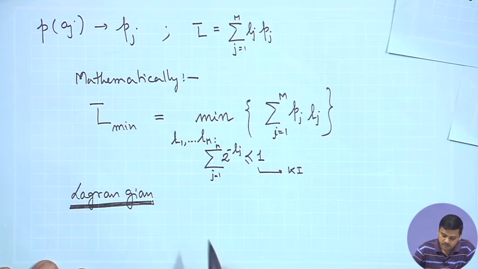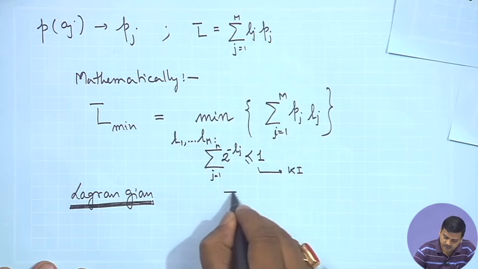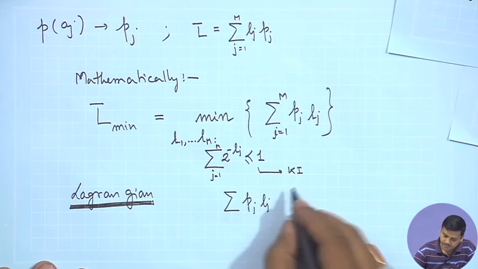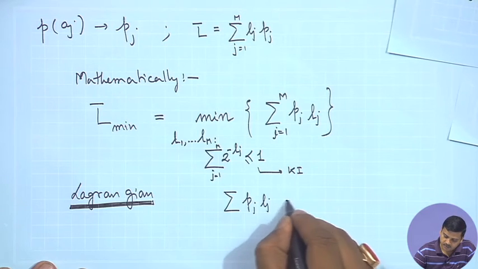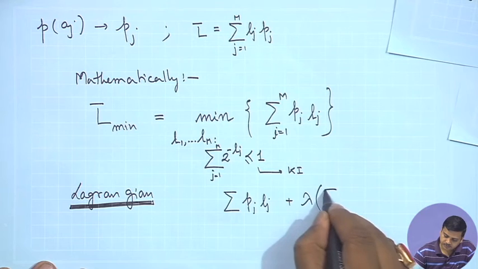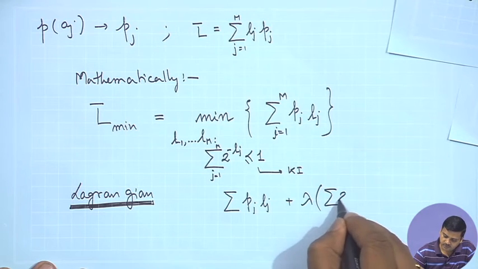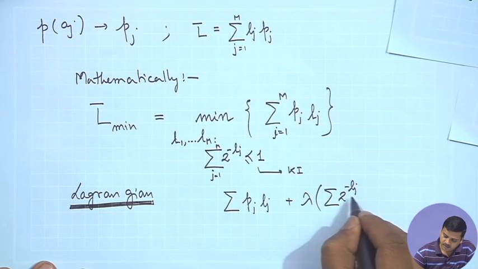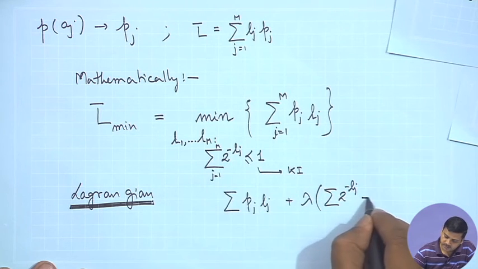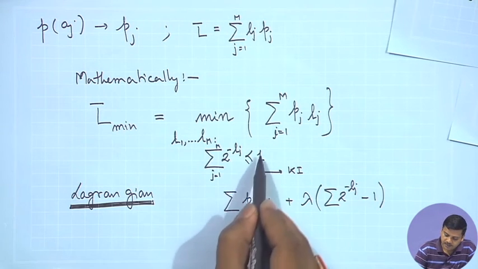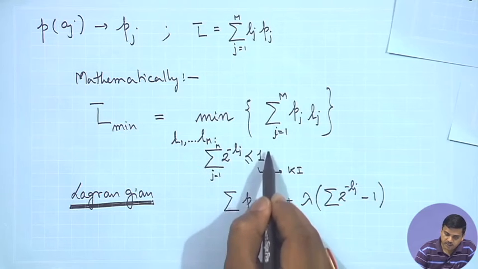So, the cost function we could write down as the sum over Pj Lj plus we use a Lagrangian multiplier times the sum of 2 to the power of minus Lj, which is this particular constraint, minus 1. Now, why do we take this? Of course, because we are saying that a full tree cannot be minimized.